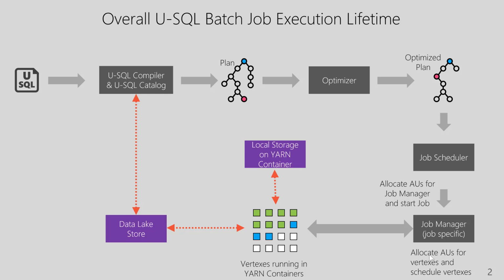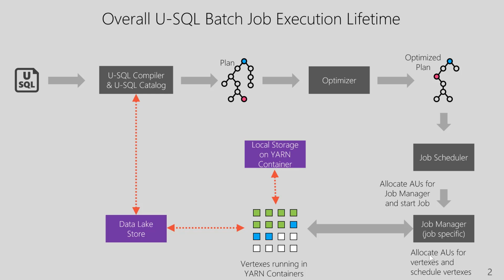But let's suppose they're reading data from Data Lake Store or from Blob Store. They'll read it from another network source. And so the vertices in their extract phase will read the data, and then all the processing that happens on the data will happen using the local storage on the Yarn containers. We will avoid reading and writing back and forth between Data Lake Store and these Yarn containers because it's much faster to use our local storage.